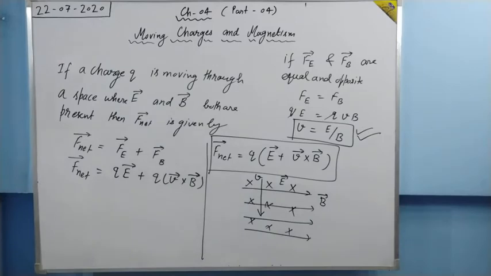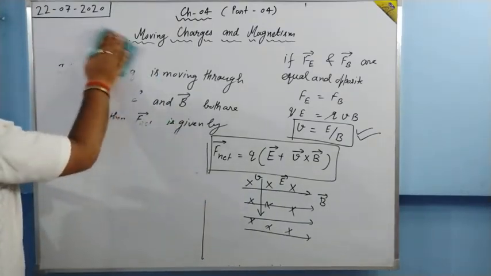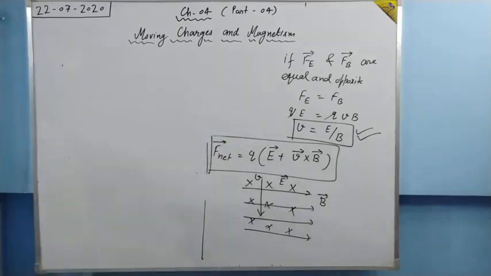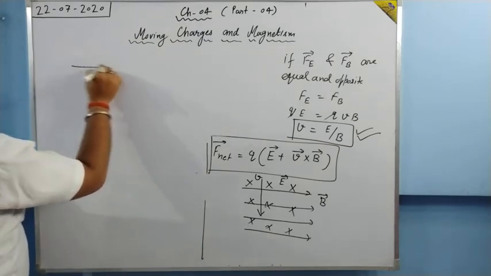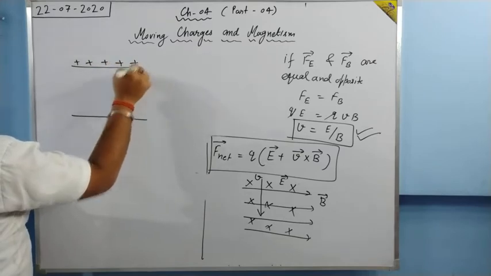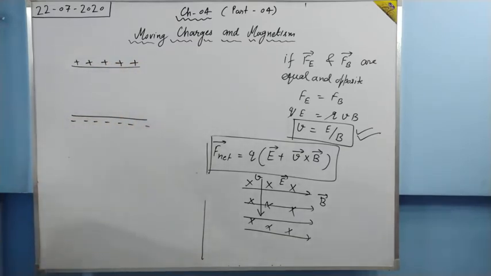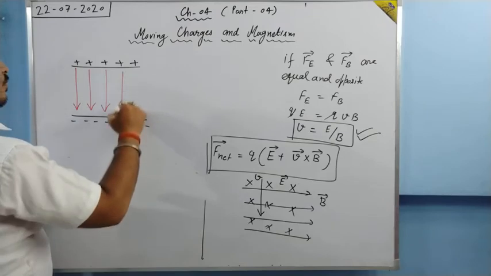Okay? One more example. Let me reverse the things. Suppose in a space, here a positive plate is kept, here a negative plate is kept. You are understanding what I am trying to say? Electric field is towards this direction.